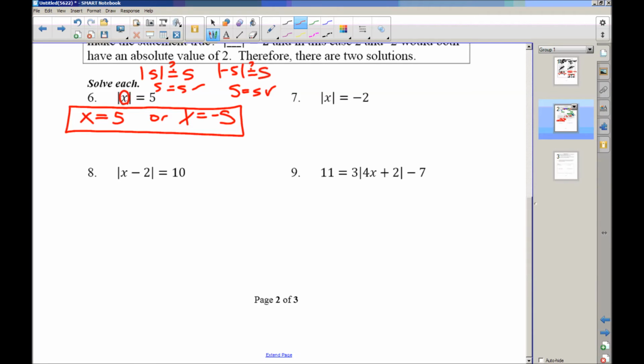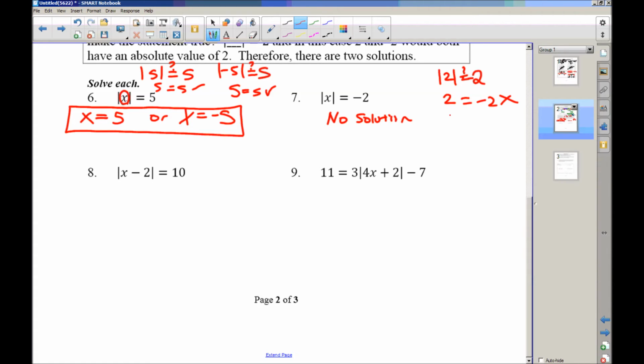So the absolute value of x is -2. It's going to be no solution. Now, you might say, oh, well, it's just 2, right? Or -2 maybe. So if you try the absolute value of 2, remember that's going to equal +2. So that's not going to work out for me. So when I tried to check this, I would get 2 and -2, and that's no good.